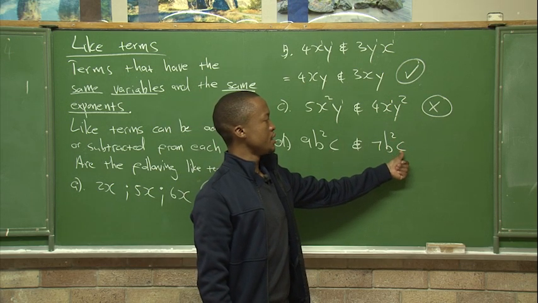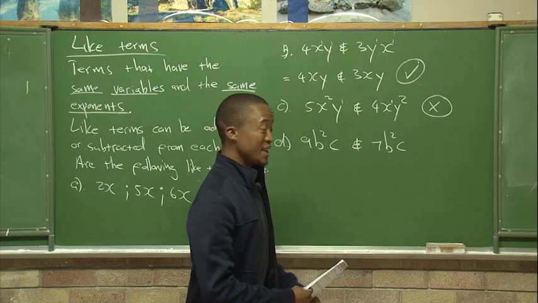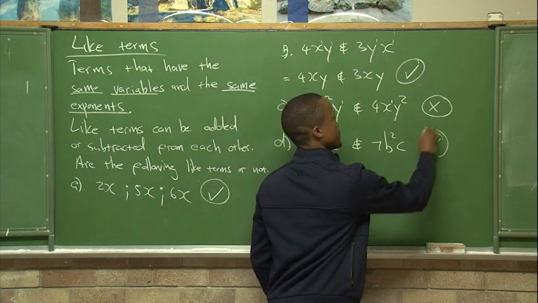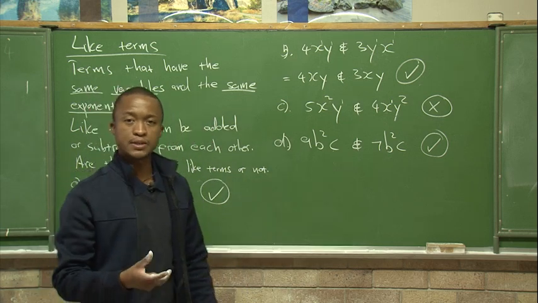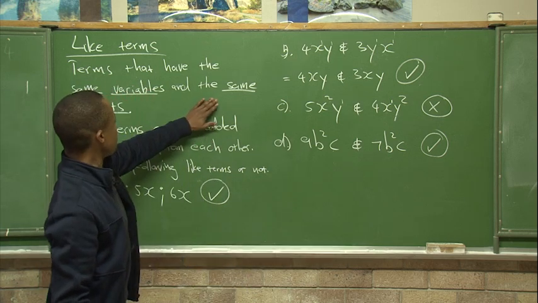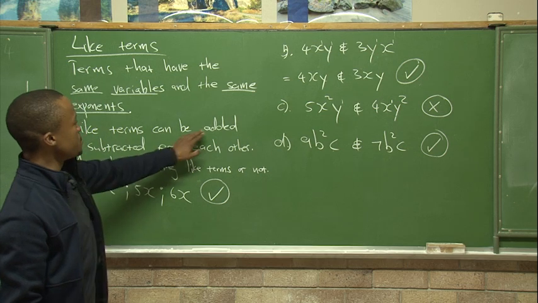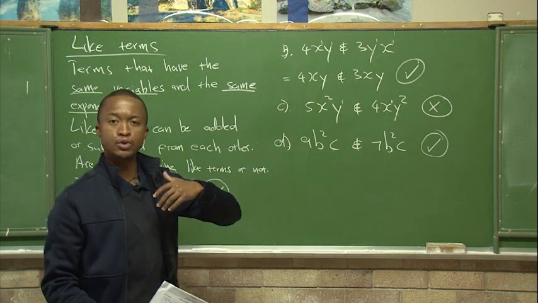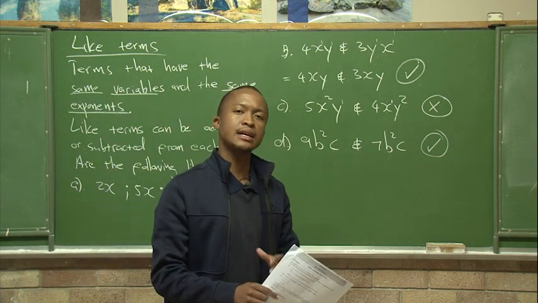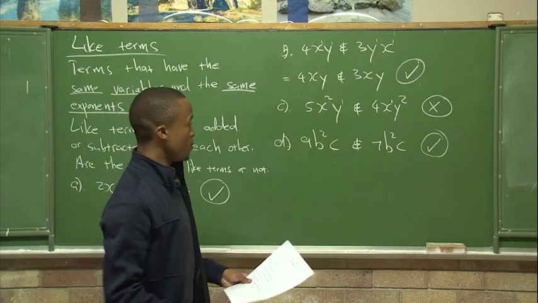So yes, they have the same variables, and the exponents of the variables are the same. That's what you call like terms. And remember what we also said about like terms: like terms can be added or subtracted from each other. And that is what we're going to be doing next, adding and subtracting like terms from each other.